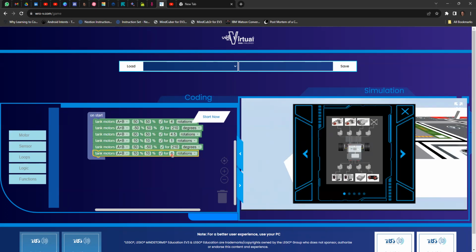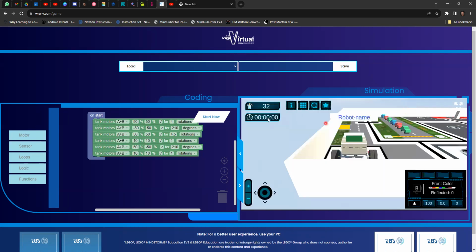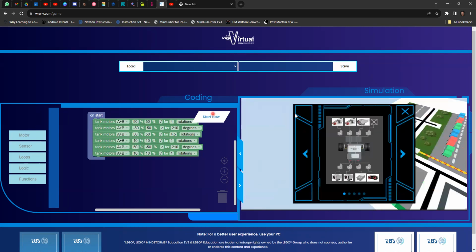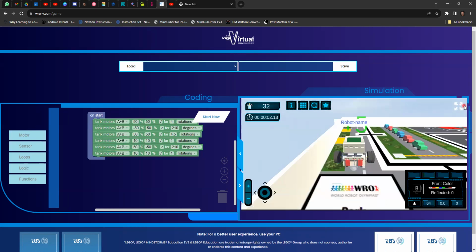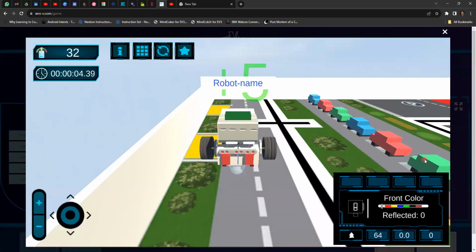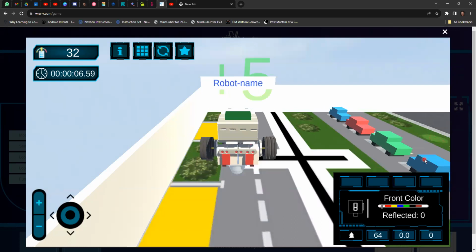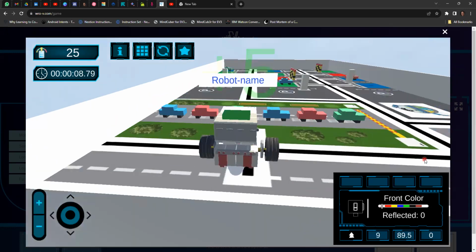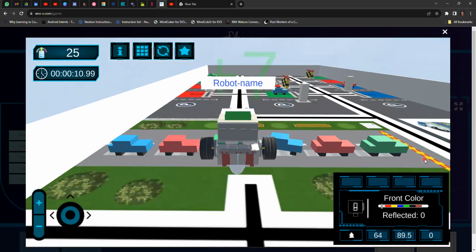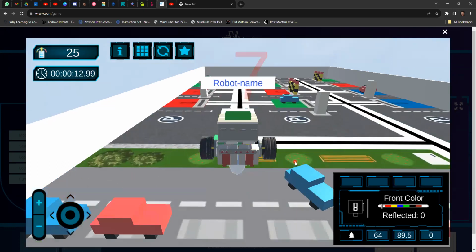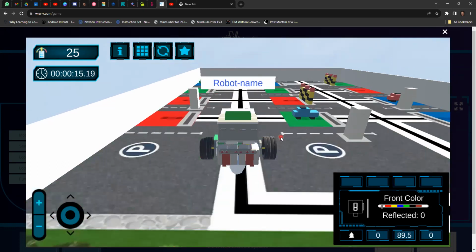I guess 1 rotation will be enough. Can I try this one? Let's see. Will this take the car to the parking area or not? You see, it hits this car out of the place now, which is something incorrect, of course.